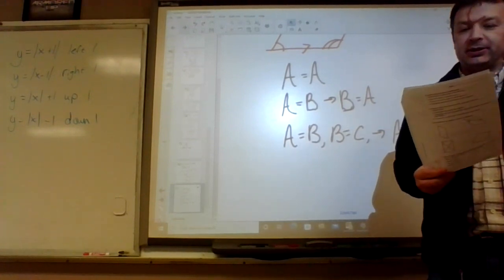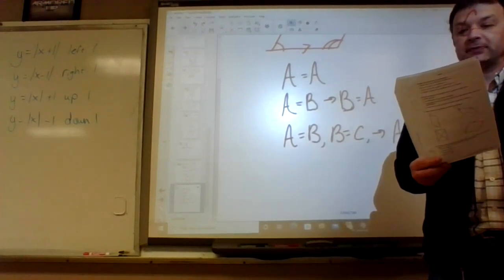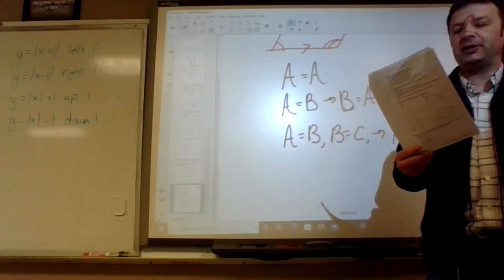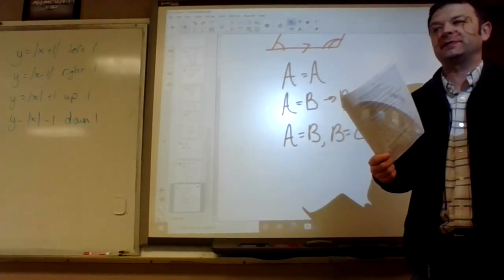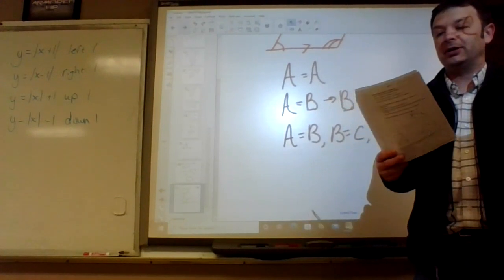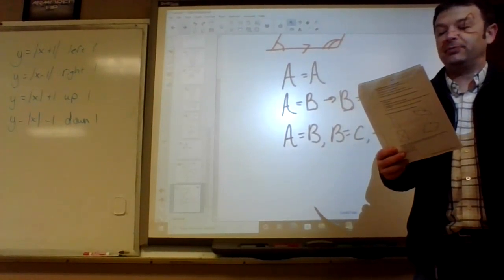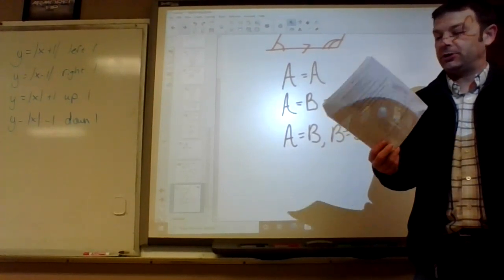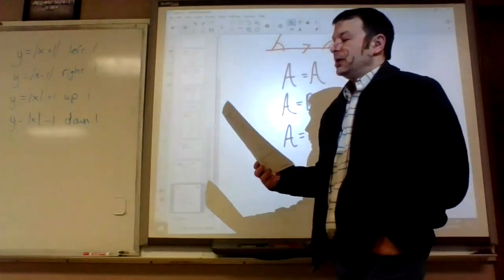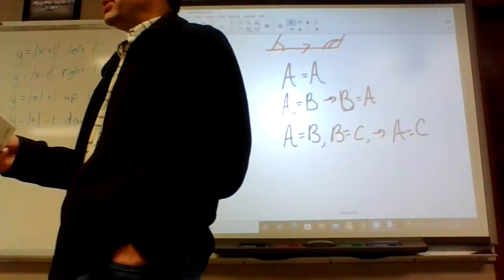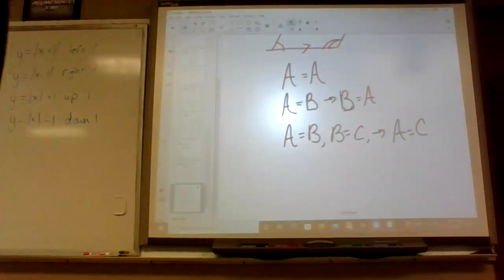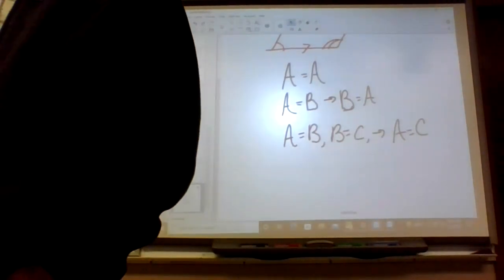Alright, number 3. This kind of goes back to the triangle congruent stuff that we did earlier. State whether each listed right triangle congruence theorem is a corollary of a general triangle congruence postulate or theorem.